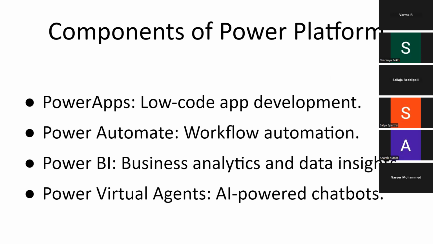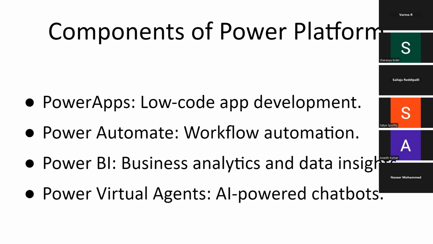And we have Power Virtual Agents, which is nothing but chatbots. You guys would have encountered chatbots in all of your applications, right? We have a help support center or a small pop-up which comes up on the right-hand side of the website. That is nothing but a chatbot, which you can also develop using Power Virtual Agents, which is part of our platform.